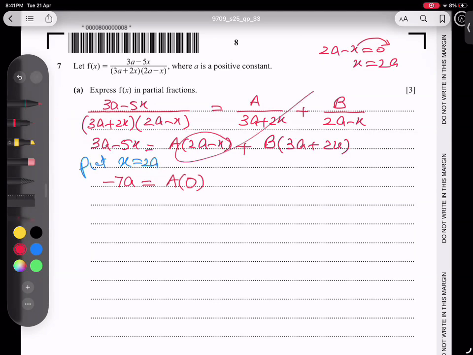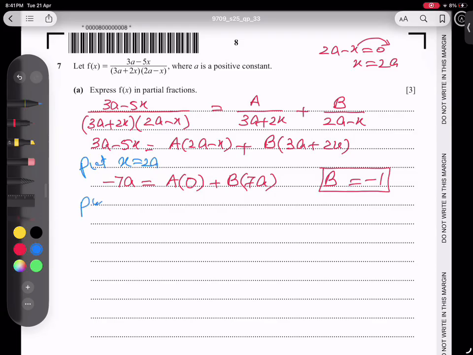This is the reason behind it. And when I copy this 2a here, in the bracket, 2 twos are 4, 4 plus 3 is 7a. Finally, the 7a cancels out, and I get b equal to -1. So I think this part is very clear. We have done one part.